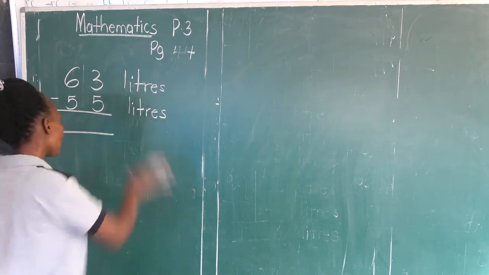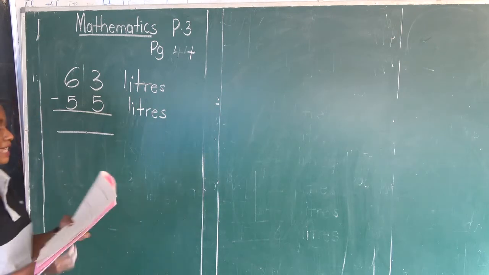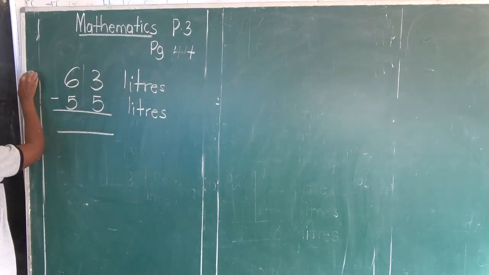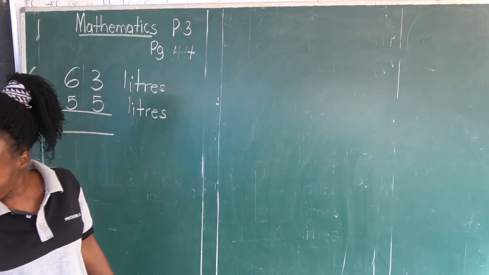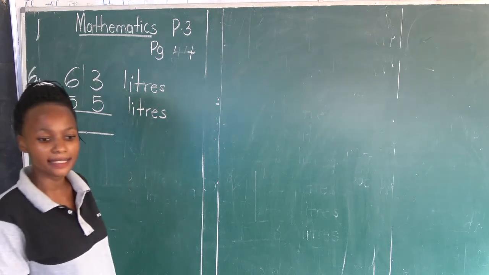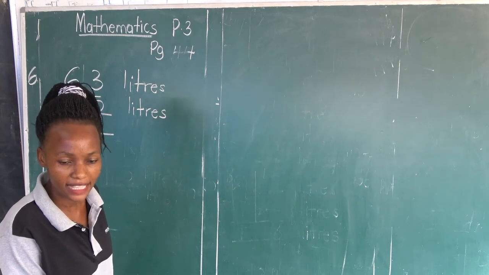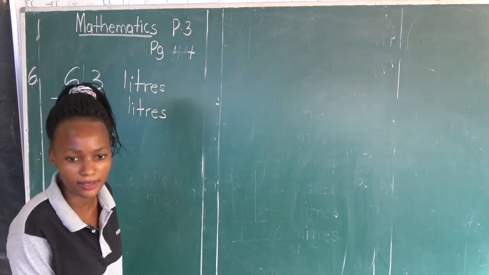You answer this number. That's number 6. Work out number 6. What you get, you put out the hand and tell me the answer. First work it out in your books.